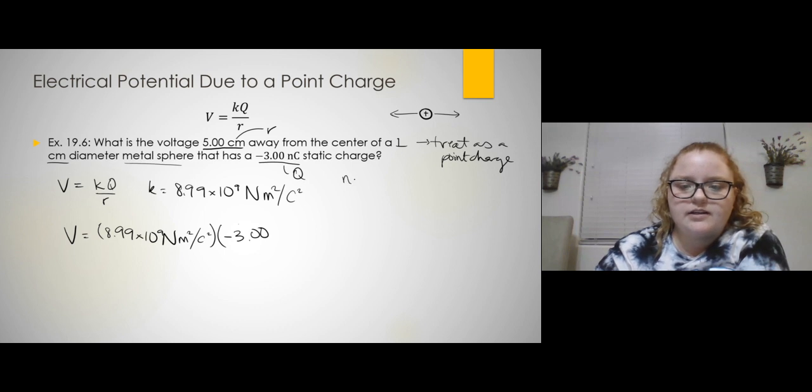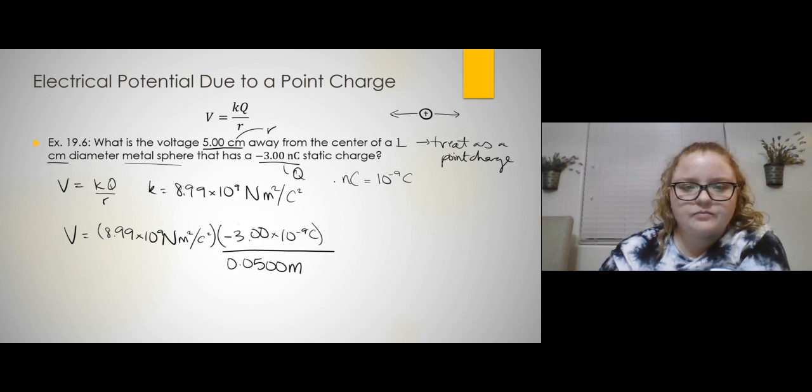A nanocoulomb is equal to 10 to the negative 9th coulombs. So times 10 to the negative 9th coulombs, divided by our radius, which is 0.050 meters.